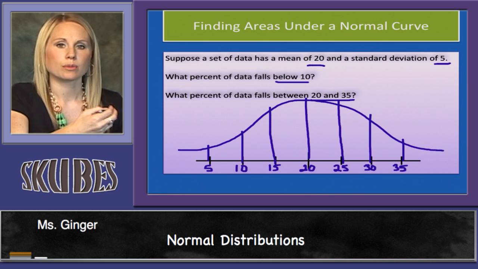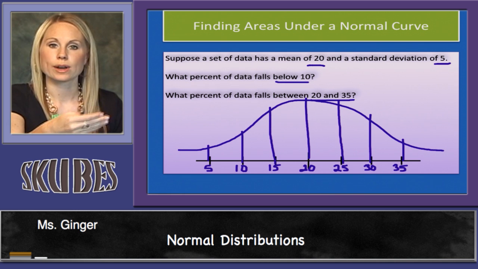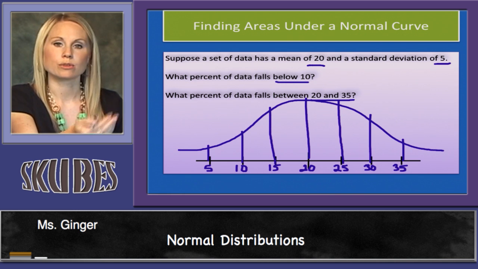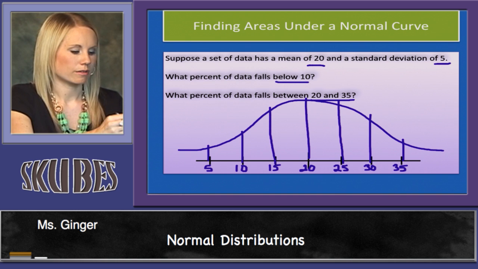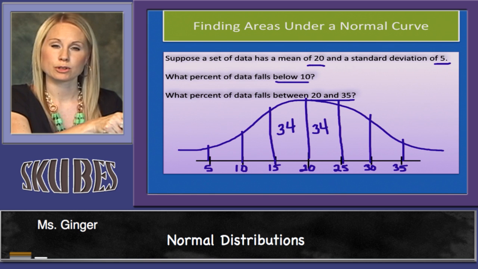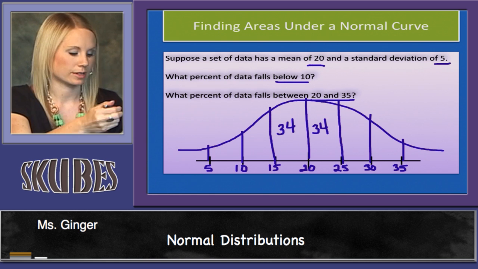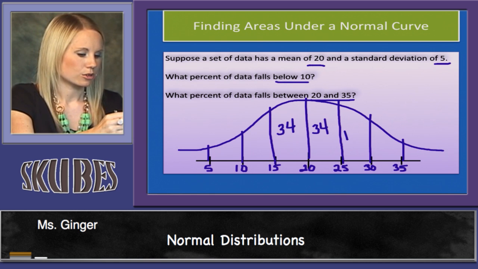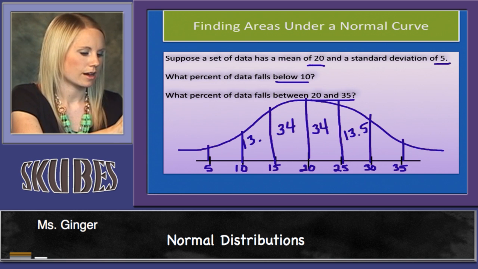So from the previous slide, you could see the total breakdown of percentages. If you need to refer back to that, you can. We're going to fill those in. So we had each of these being 34 because that middle section has to make up our 68%. And then we're going to travel out and label all of these. The next ones were 13.5.